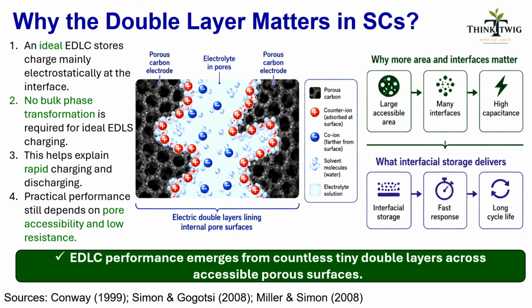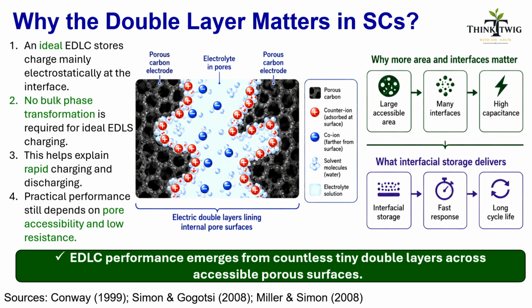But a porous electrode contains countless interfaces. Together, they produce the measurable capacitance of the device. In an ideal EDLC, charge is stored mainly through electrostatic separation. There is no required bulk phase transformation during ideal double layer charging. This helps explain why an EDLC can charge and discharge rapidly.